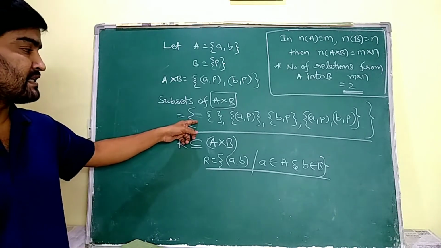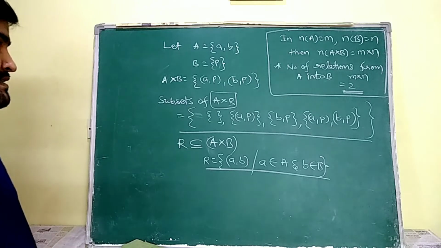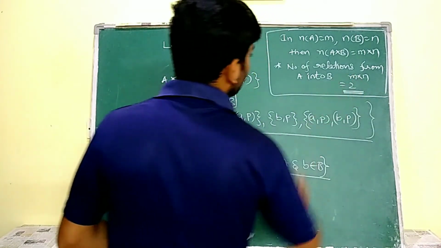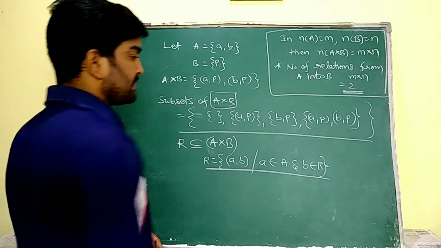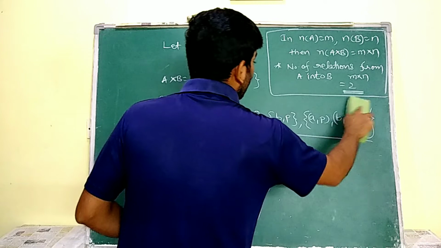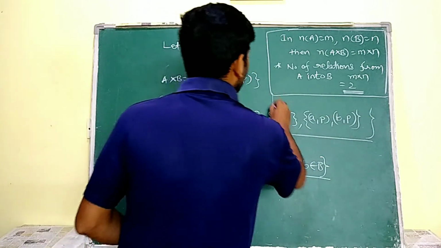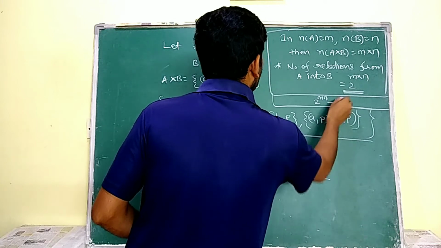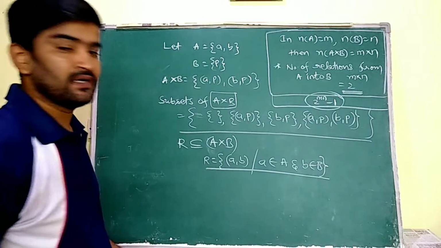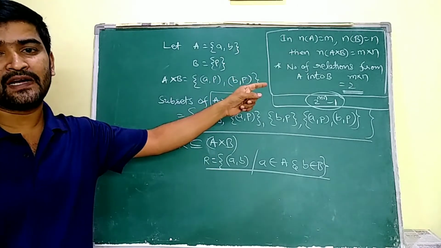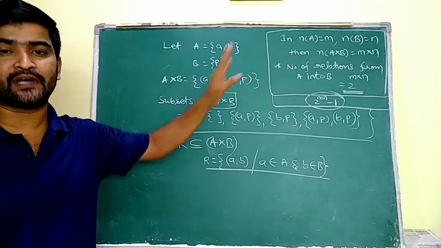So that's why, see, the number of relations from A to B actually we are going to express as 2 power mn. But coming to the reality, the number of relations from A to B is 2 power mn minus 1. Actually this is the right answer. But in many of the books you are going to find the number of relations from A to B is 2 power mn.